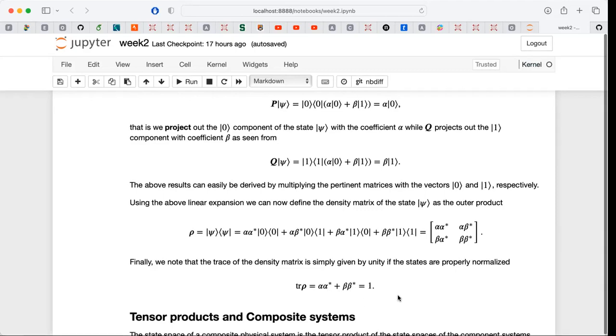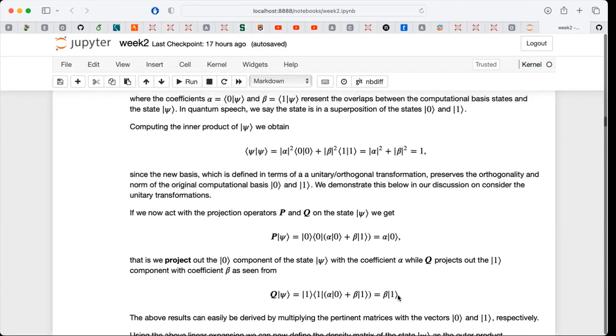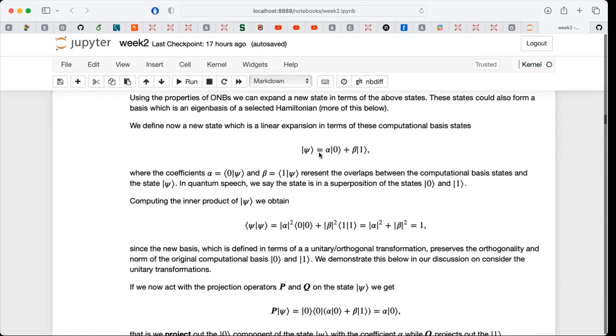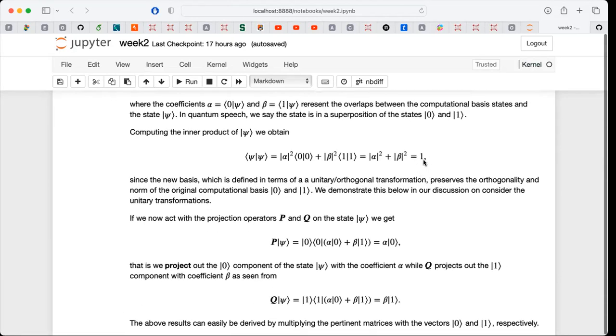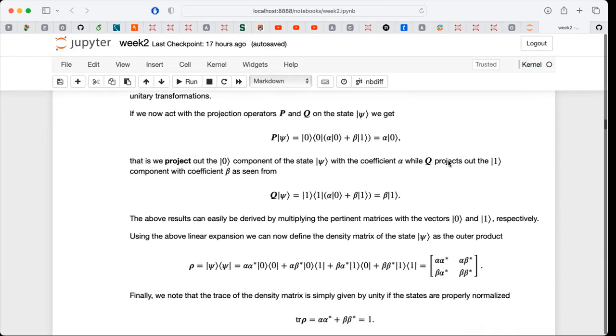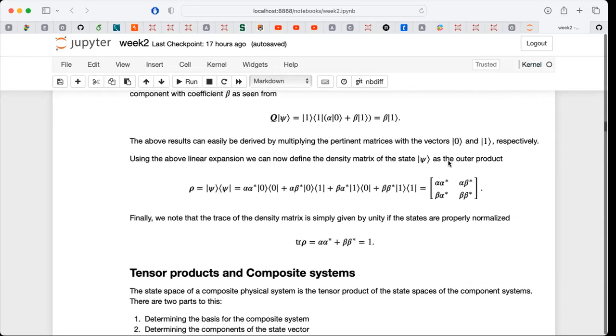So this is the normalization, and we are coming back to this a little bit later today, because we have simply defined now that these states are normalized. And these states are normalized because we are looking at specific unitary transformations of the states here. We are coming back to that. And we are assuming that this is normalized to 1. We are coming back to unitary transformations a little bit later.